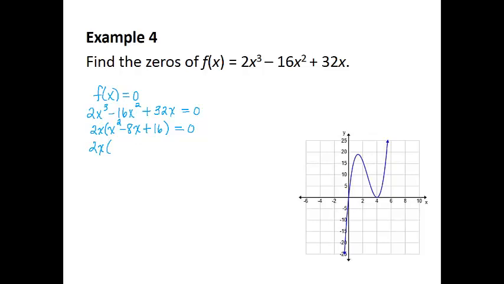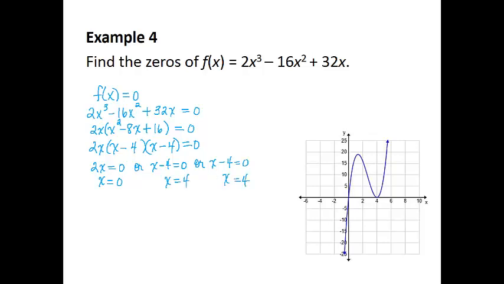This trinomial factors as (x minus 4) times (x minus 4). Correct? The factors of 16 whose sum is negative 8 would be negative 4 and negative 4. So when we set those factors to 0, we get 2x equals 0, or x minus 4 equals 0, or x minus 4 equals 0. Dividing by 2 gives us x equals 0, or we get 4 as a solution which repeats itself twice.